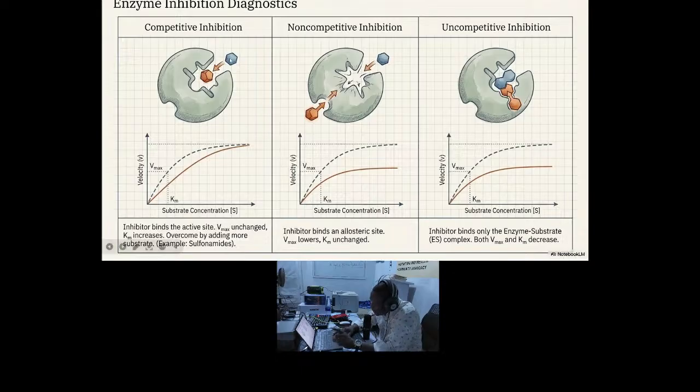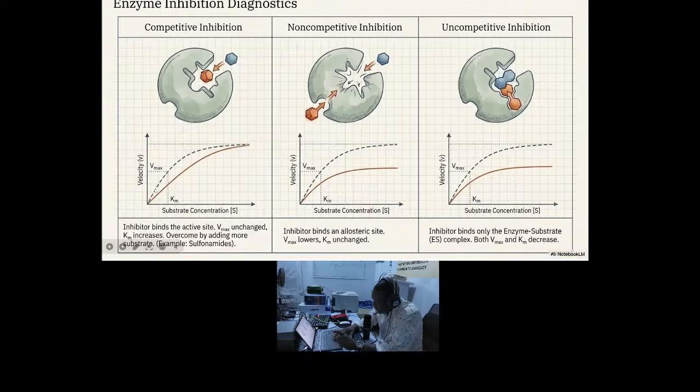So the inhibitor is competing with the same active sites. That is competitive inhibition. The second one, and this is the graph. You will see that at this point, two of them.